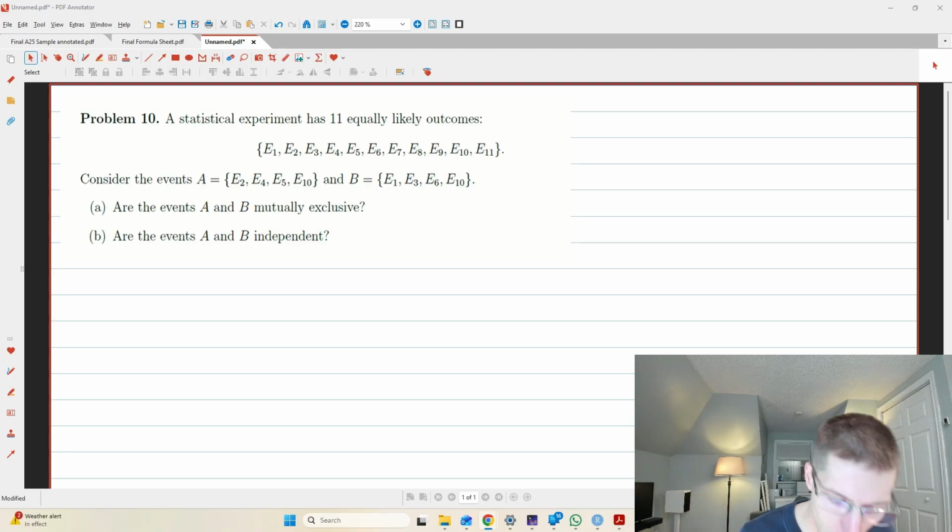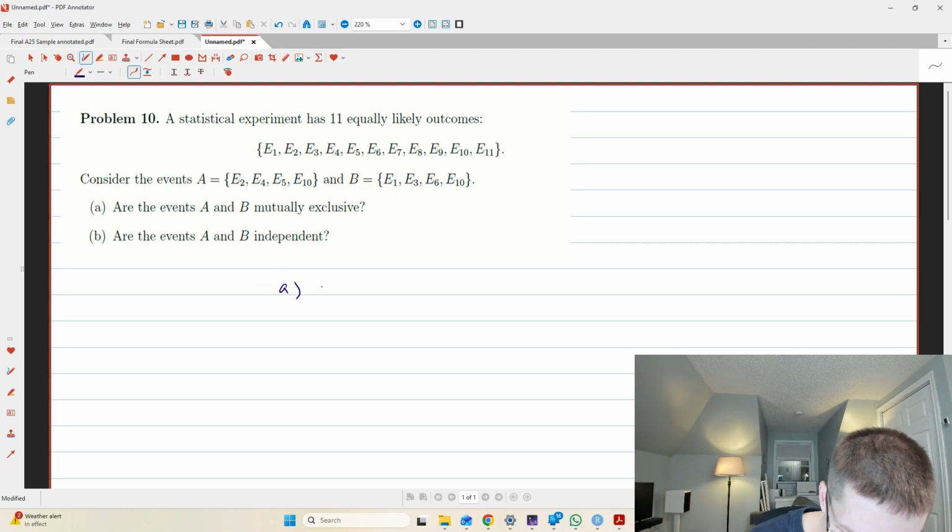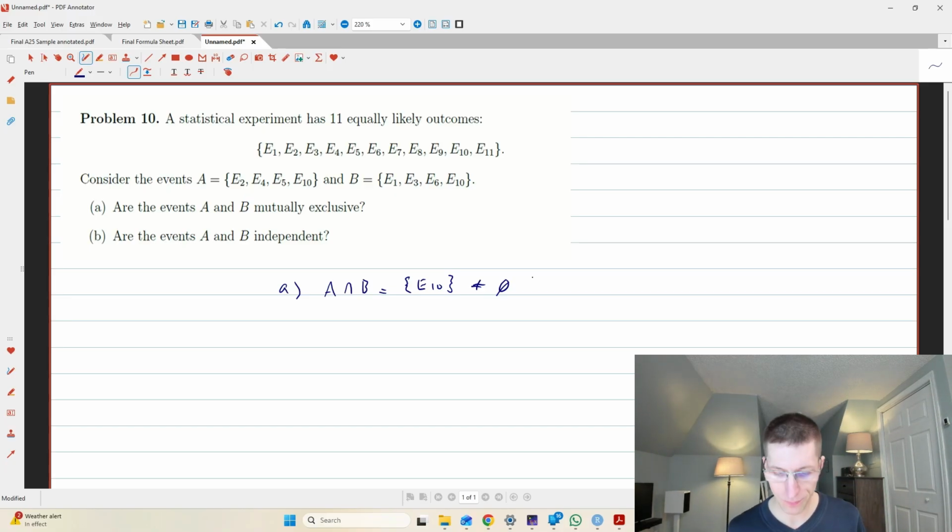So here A intersect B. If you look at them, you can see that E10 is common to both. So they have a non-empty intersection, and so that means they're not mutually exclusive.